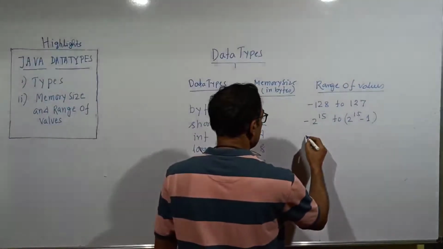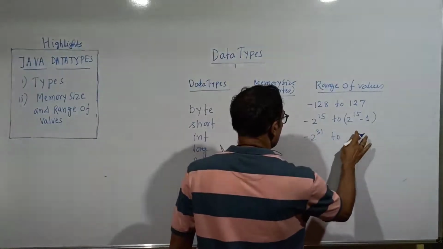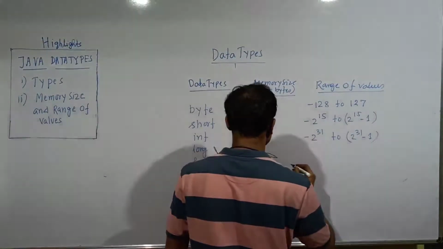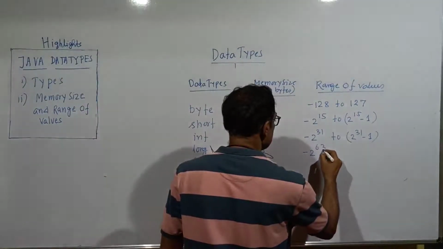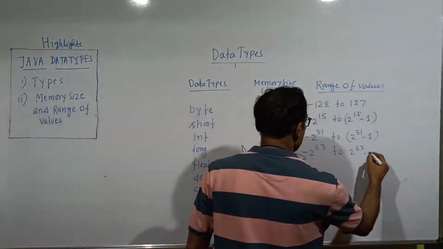For int, -2 to the power 31 to 2 to the power 31 minus 1. For long, -2 to the power 63 to 2 to the power 63 minus 1.